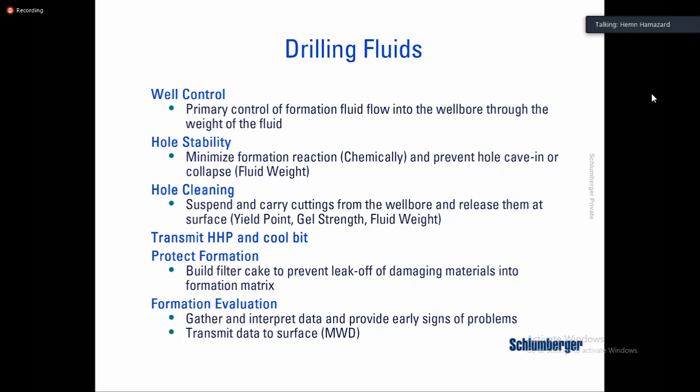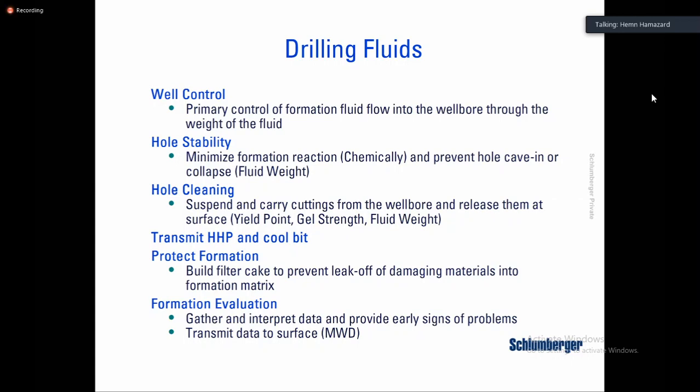That mud will create a pressure downhole called hydrostatic pressure, which is simply the mud weight multiplied by the vertical length of that depth and by any conversion factor. So that mud will overcome the formation pressure, and the trapped gas cannot escape from the formation into the hole and come to surface. That's how you prevent the gas coming to surface, and that's what they call well control.